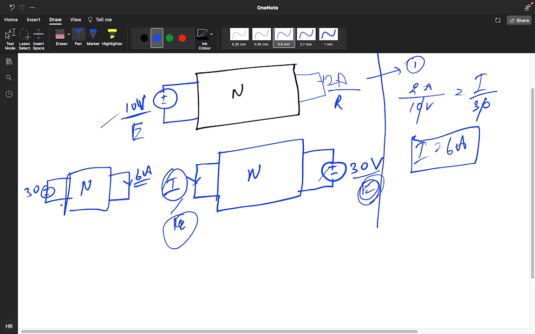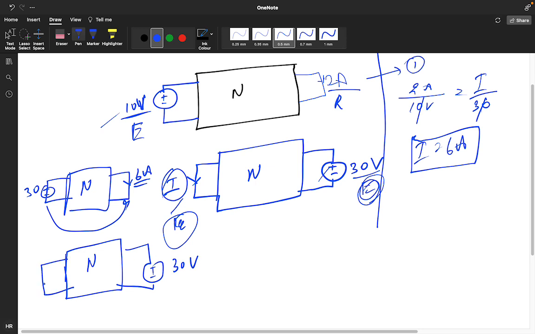Now change the position, because if you change this 30 position, the same current will flow in this part according to the reciprocity theorem. Positive, negative, 30 volt, you will get the same current, 6 ampere. So what is the current? We are getting 6 ampere.